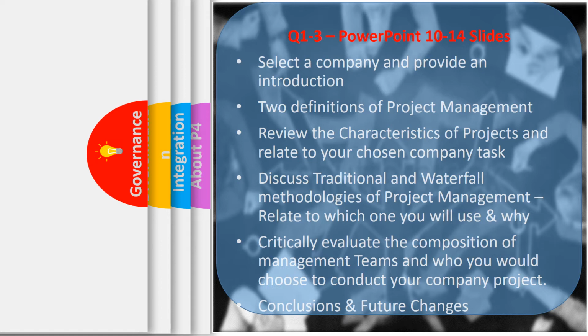And then finally, to critically evaluate the composition of the management teams in your project and who you would choose to conduct your company project. So what we're saying is that the task states you must select a company, and then within the company there is an office plan, and in the office plan it has cubicles, and the task requires you to manage the plan, removing the cubicles into an open space.